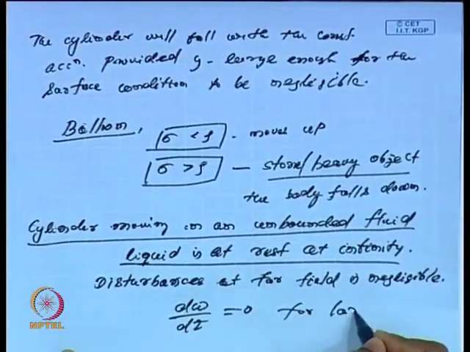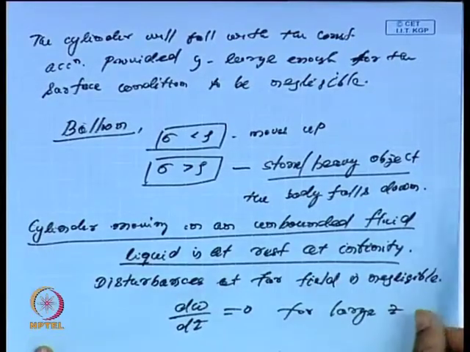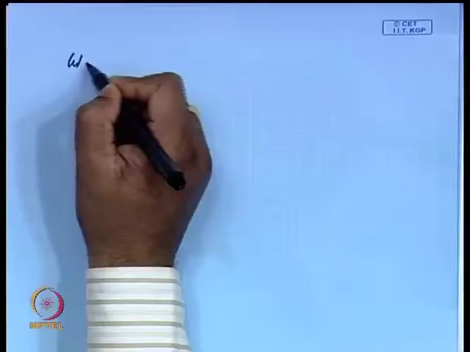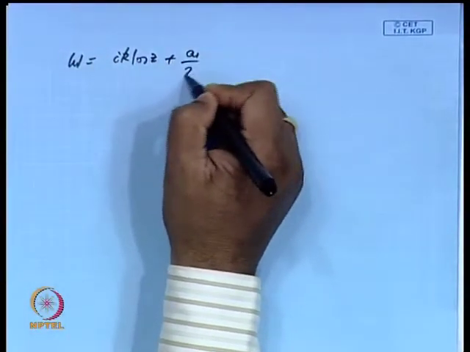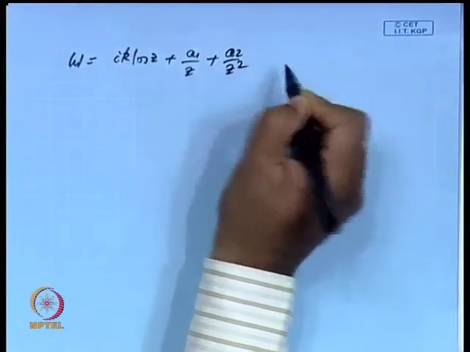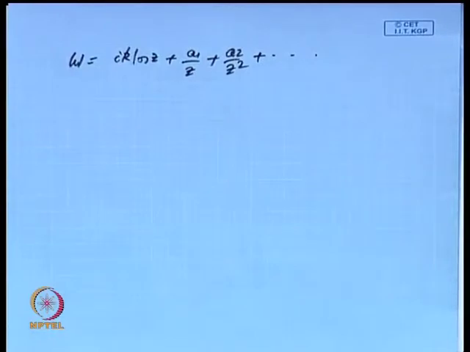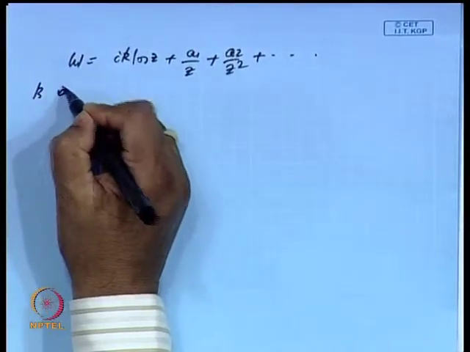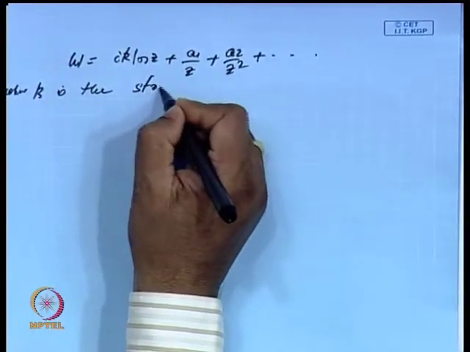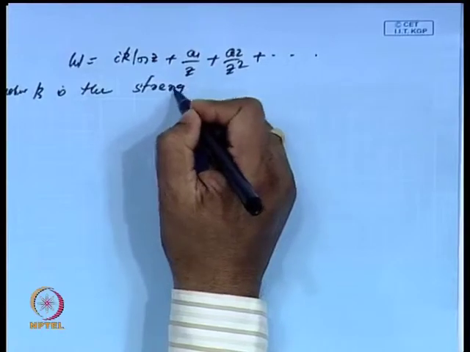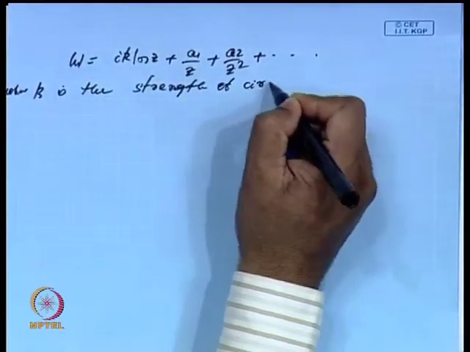Then I can write w is equal to ik log z plus a1 by z plus a2 by z square plus so on, where k is the strength of circulation and there is no source and sink.